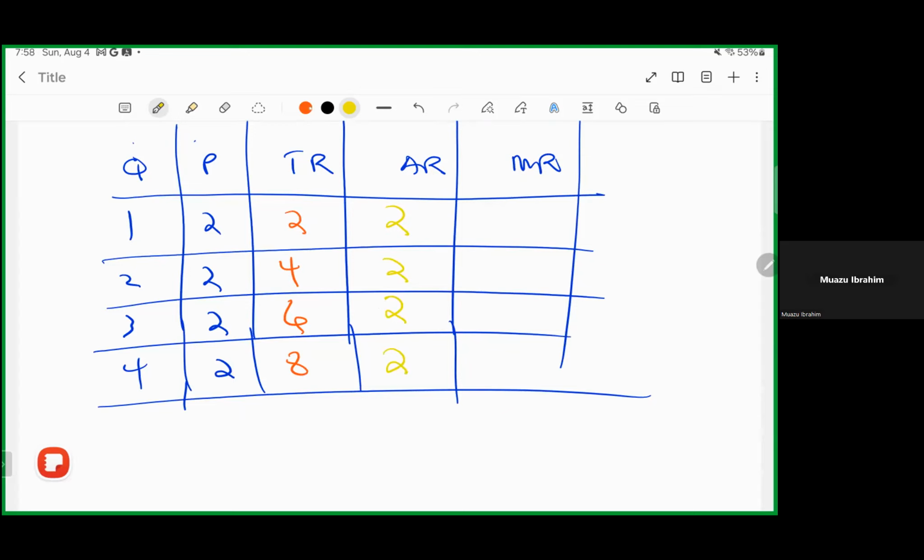Remember we said marginal revenue is the additional revenue that you will get when you sell 1 extra unit, or produce.